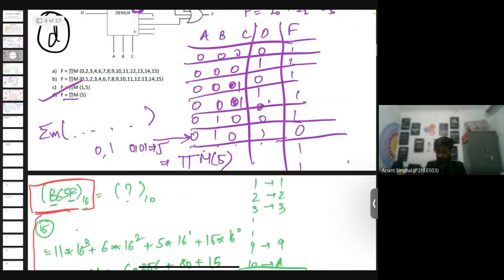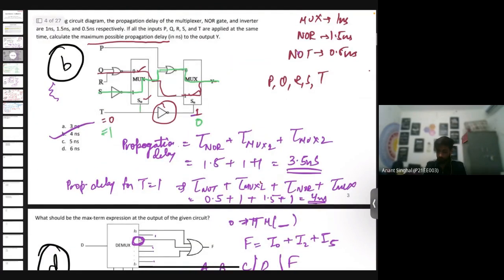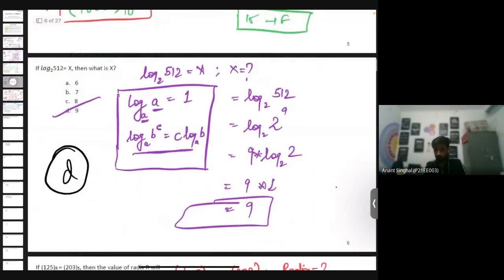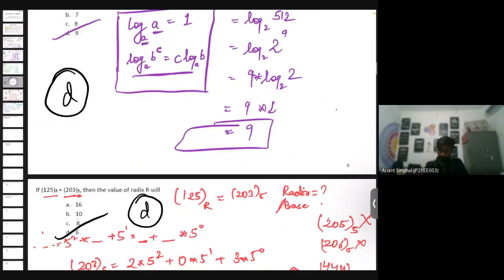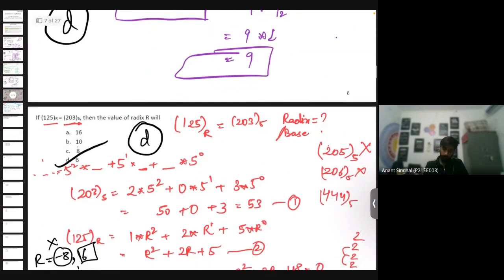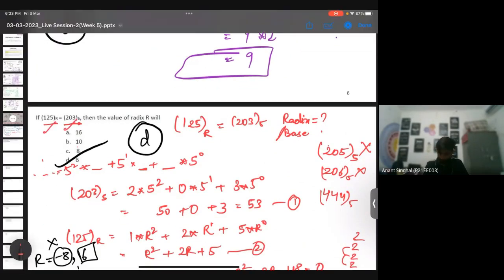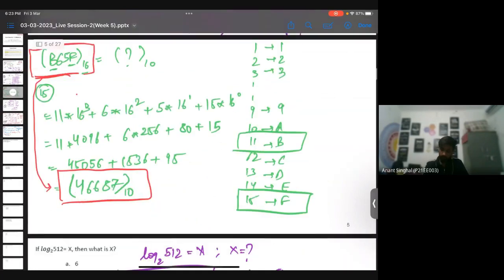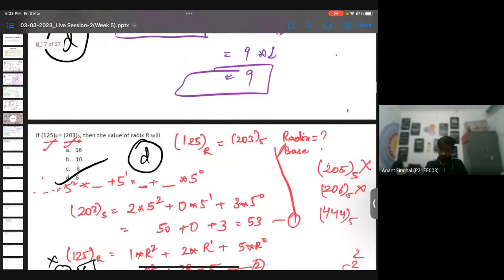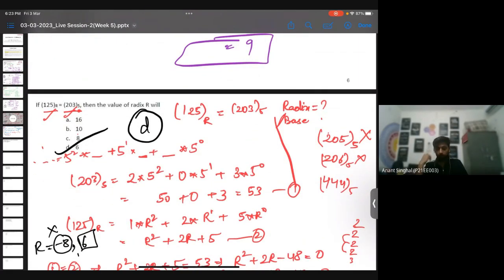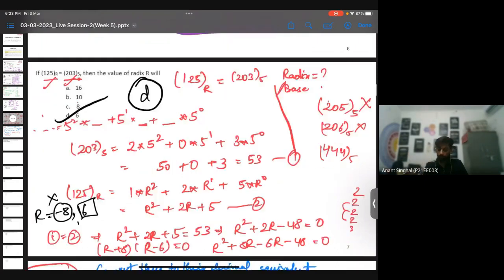So these two questions are from Mux, and then I covered some of the basic mathematics questions where we can use this log property, and then again the basics of radix questions, like how can we find out the radix if we have some different number system or a different representation of the base.